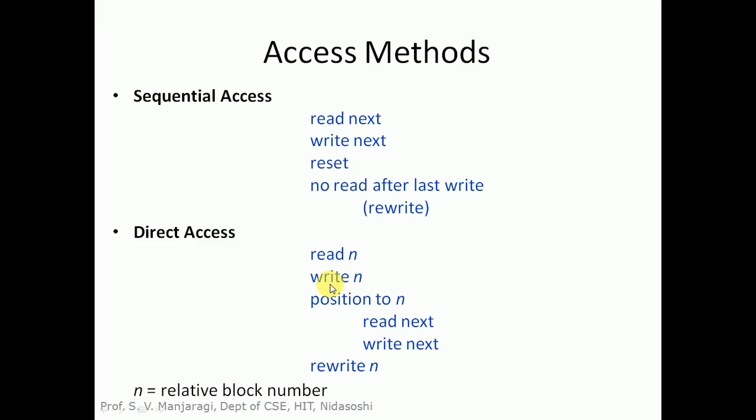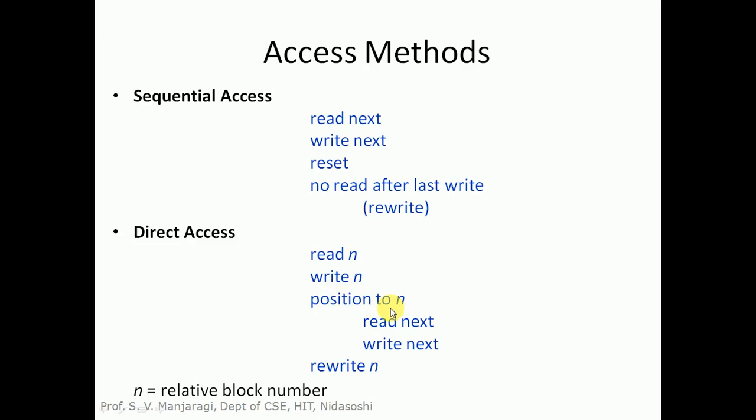The next operation is write. Here also we are mentioning the block number n. So we'll directly move to block number n in the file. Here we can write the contents. And we can position to n.